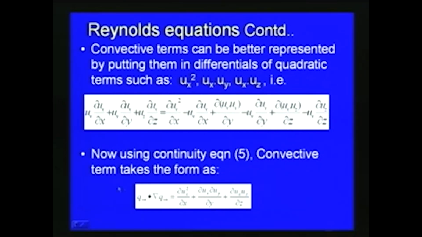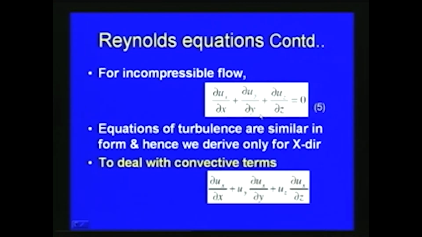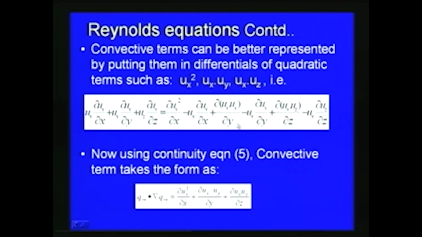Now here we can use the continuity equation which we have seen, equation number 5. If we use that, then you can see that in this term u x into del u x by del x, this u x can be taken out.